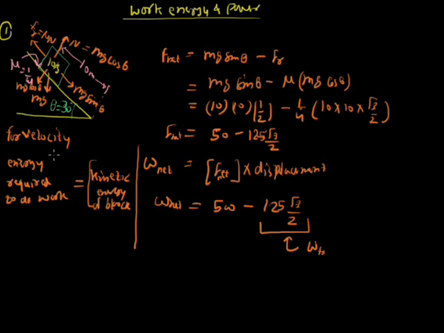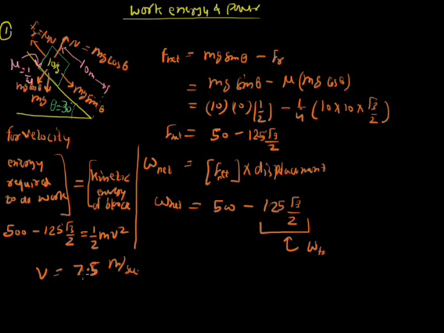So this is the concept. So by using this, the energy which is being given, this is W net, would be equal to half mv square. By solving this, we would find v would be 7.5 meter per second. So this is the method to find the final velocity and the work done by the friction.